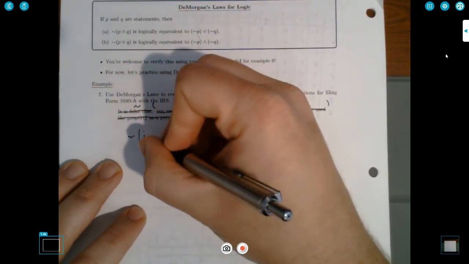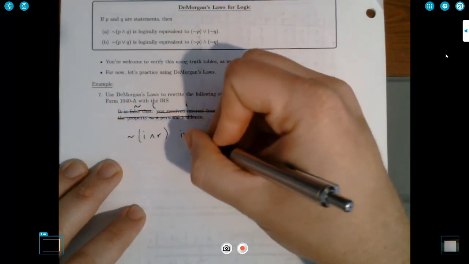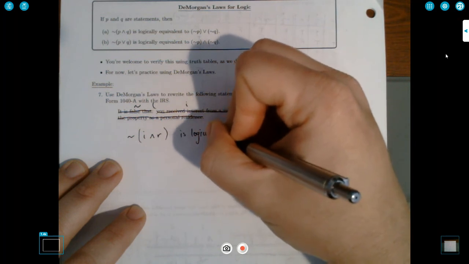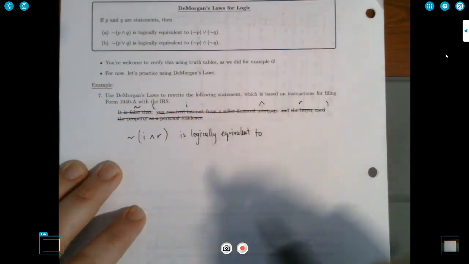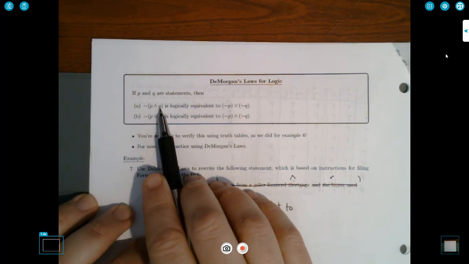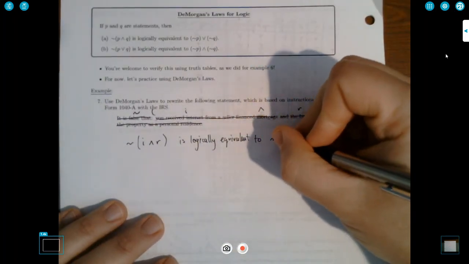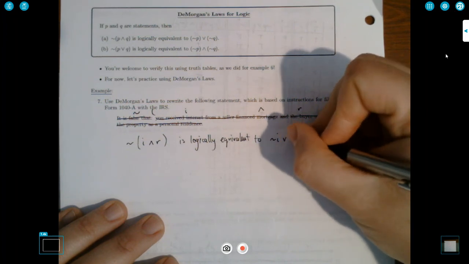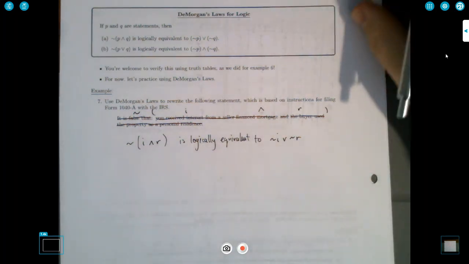Well, according to De Morgan's laws, not (I and R) is logically equivalent to not I or not R. Okay, well, what would not I look like?